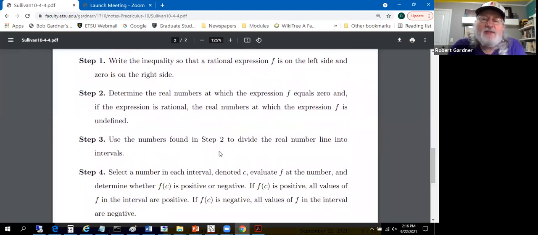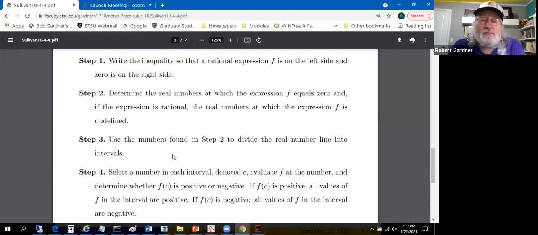Step 3, use these numbers found in step 2 to divide the real number line into intervals. Okay. Rational functions are going to be defined on the real number line except where the denominator is 0. That's where f is undefined. So those points get removed.